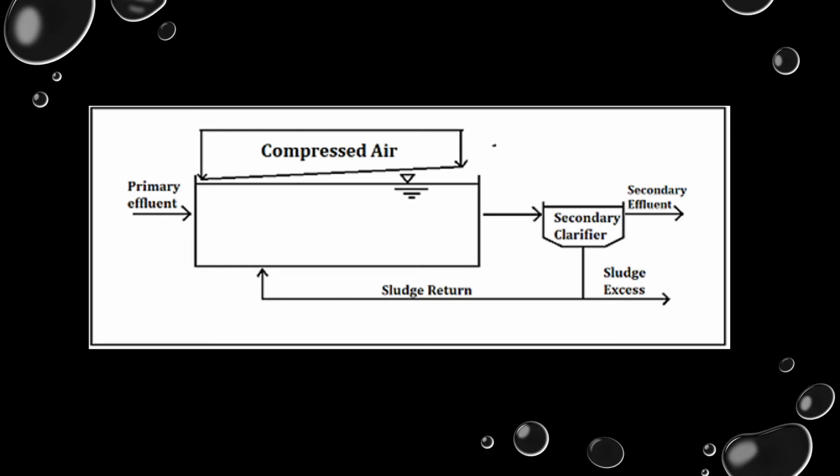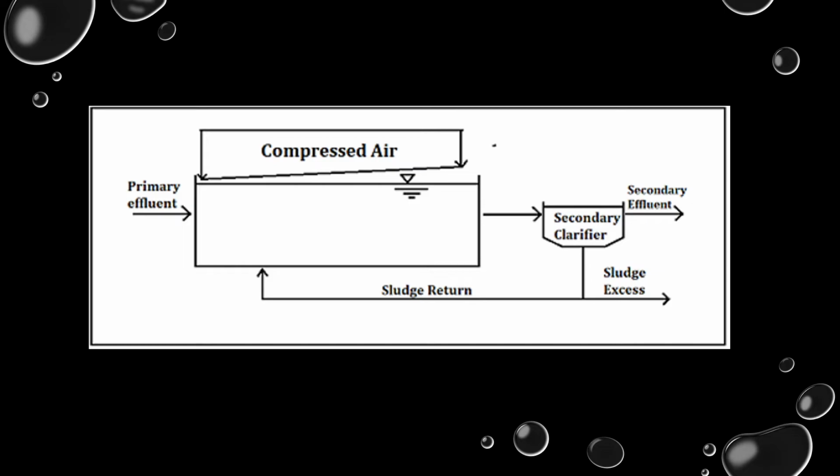Due to this reason, if the diffused air is applied at a uniform rate, it cannot be utilized properly. For example, if the distribution of compressed air is done in proportion to BOD, it should be like 40% near the inlet, 25% near the central portion, 20% near the outlet portion, and the remaining 15% in this large reaction tank if it is provided.